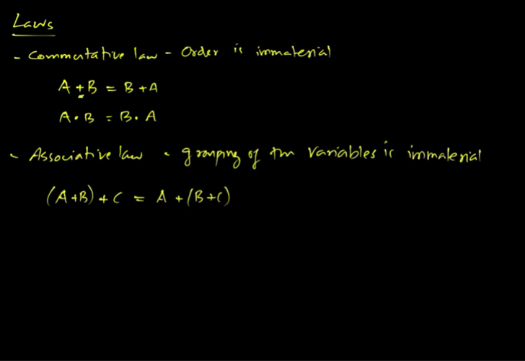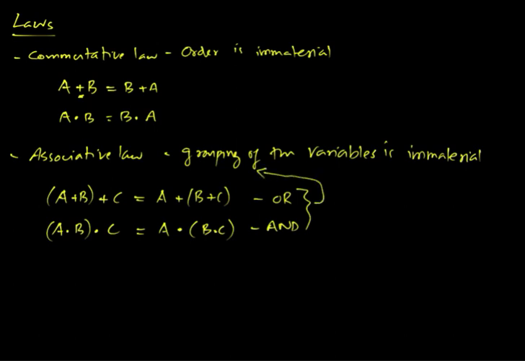If you consider the ANDing operation, if you AND A and B first and then AND with C, it gives the same result as when you AND B and C first and then AND the result with A. So for both OR and AND operations, the operators obey the associative law; that is, grouping of the variables is immaterial in Boolean algebra.